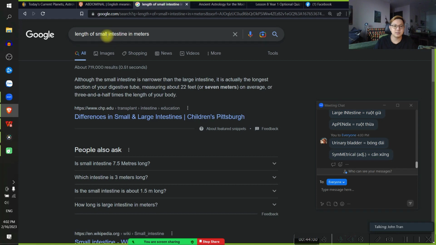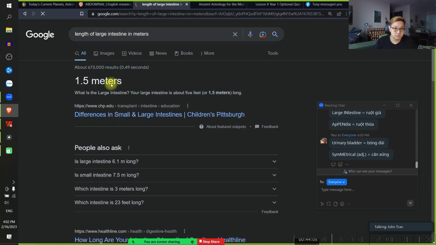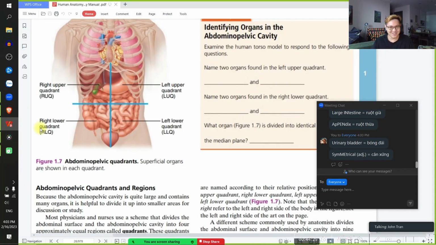Yeah, but that's only the small intestine. And the large intestine is 1.5. So 7 plus 1.5 is like 8.5. It's the overall for the IELTS. Good, right? 8.5 overall for IELTS. Yes, everyone wants 8.5 for IELTS, yeah?